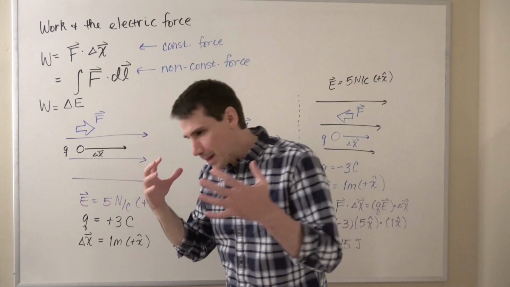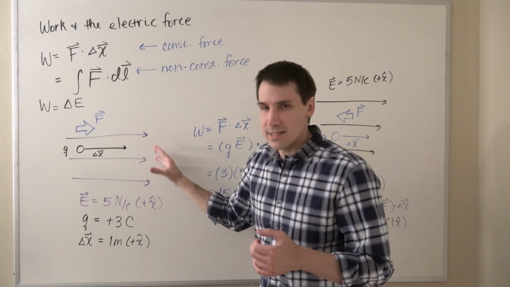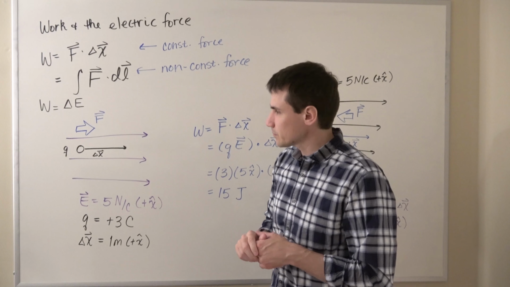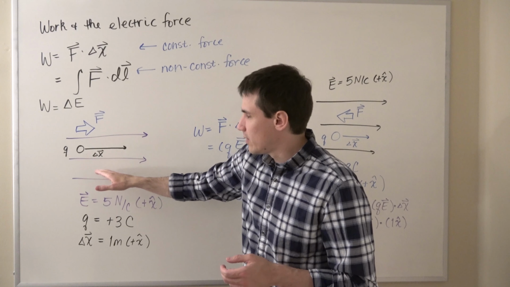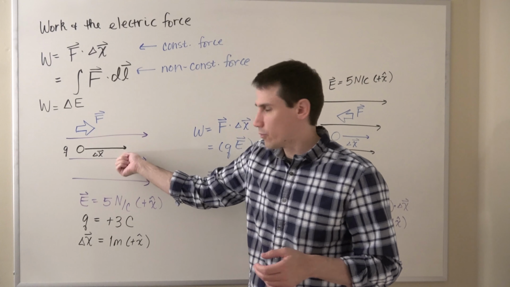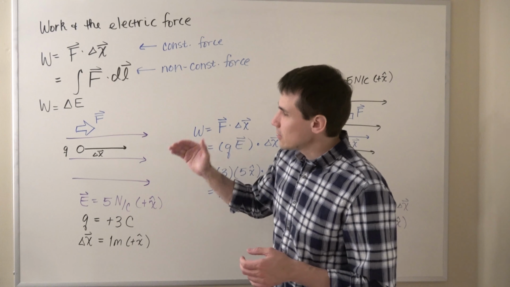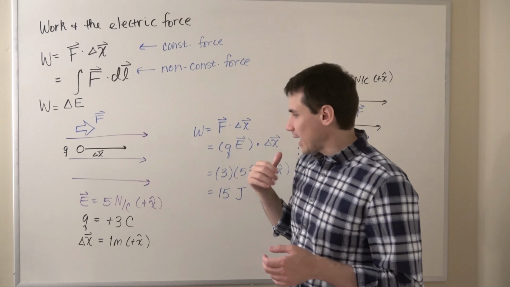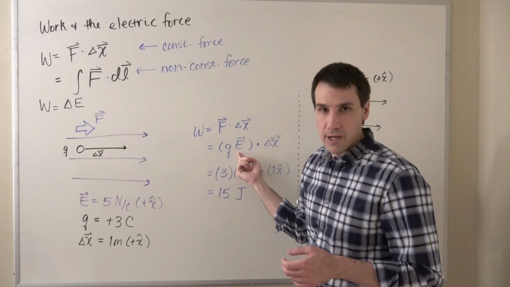All right, so with that intro, let's think about a specific example of finding the work done by the electric field. So I have a positively charged particle that has some displacement to the right in an electric field pointing to the right. I know that the force on that charged particle points to the right and has a value that is equal to charge multiplied by the electric field.